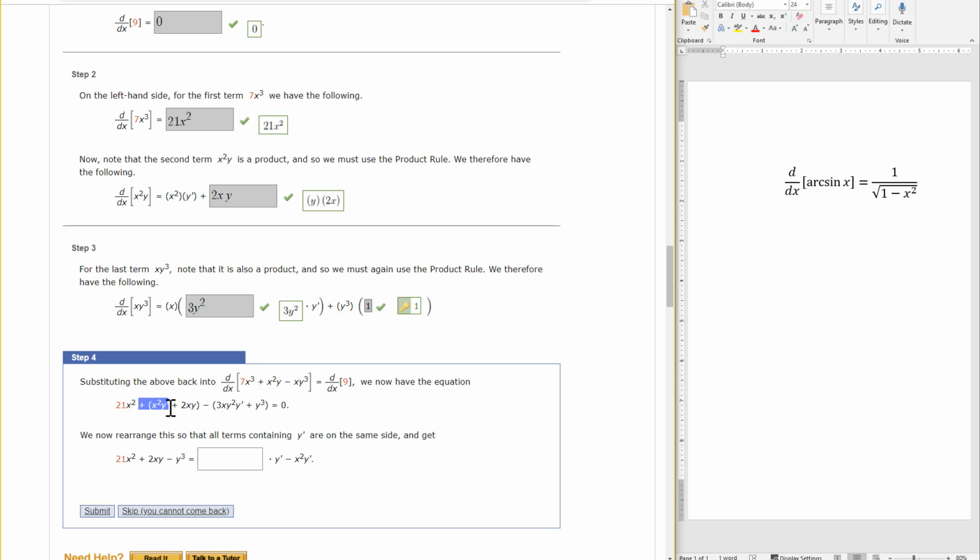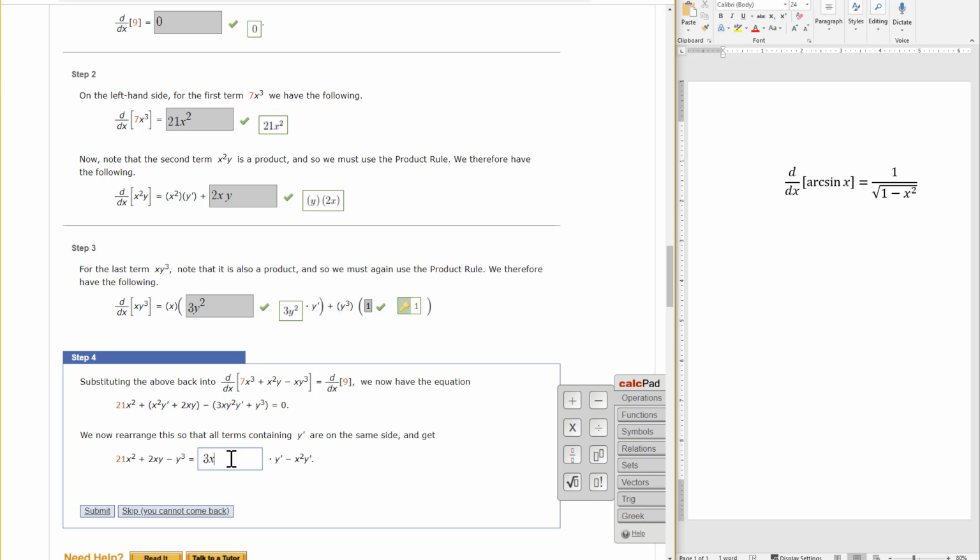They got the plus x squared y prime brought over to the other side, so it becomes a negative x squared y prime. And then they have a y prime times something, so it must be this y prime times this something, negative on the other side. When we bring it over to the right-hand side, it becomes a positive. So that's just a 3x times y to the second power.